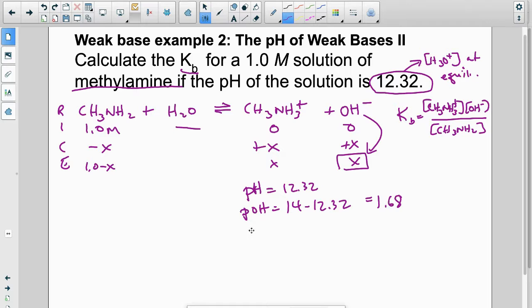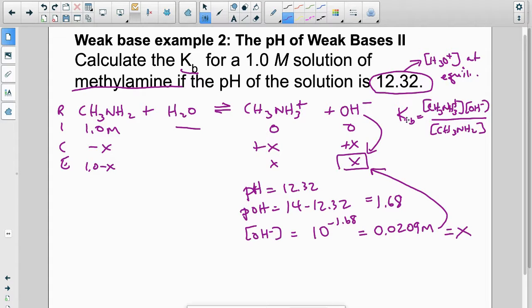So from that, I can find my OH minus concentration. That's going to be 10 to the minus 1.68. That will give me an OH minus concentration of 0.0209 molar. So I now know what x is, right? This is equal to x.